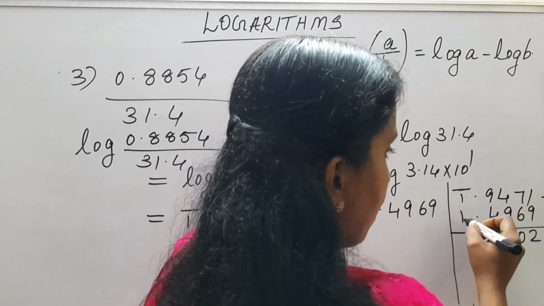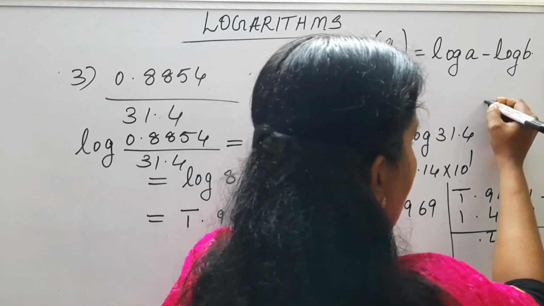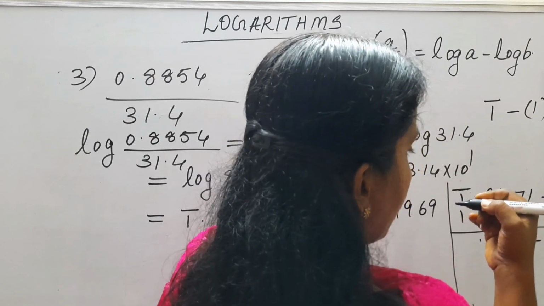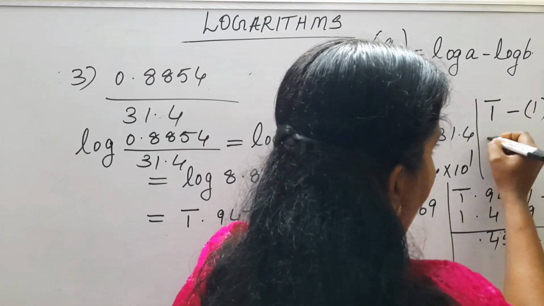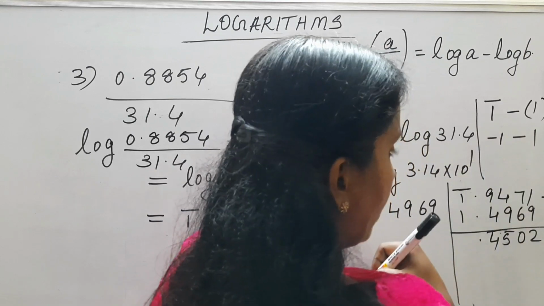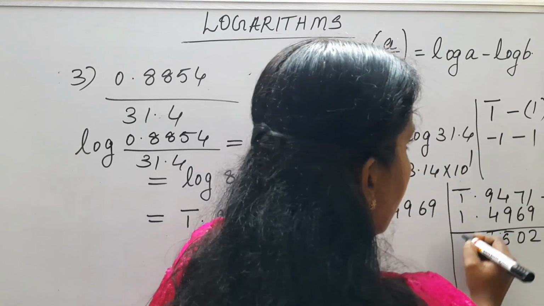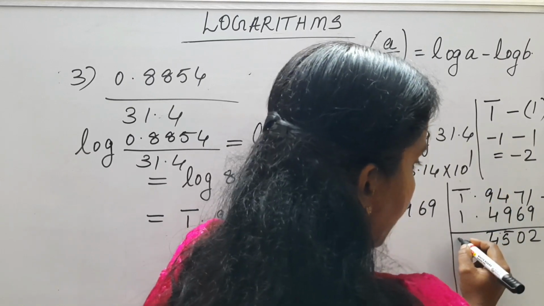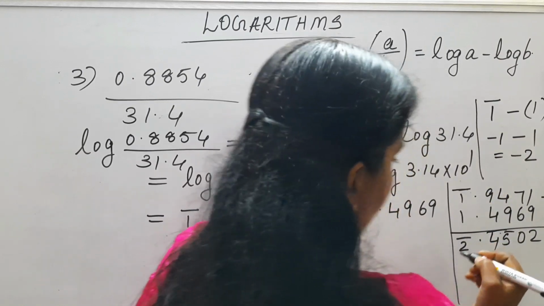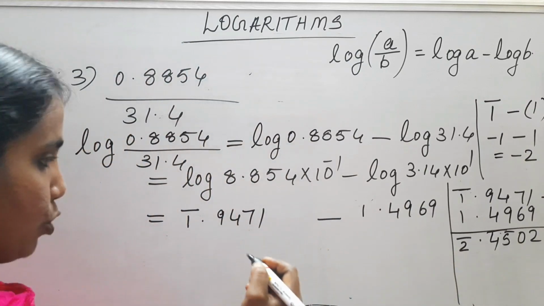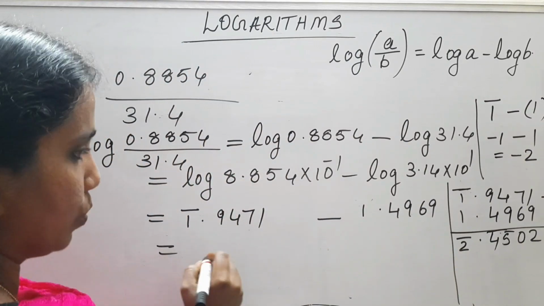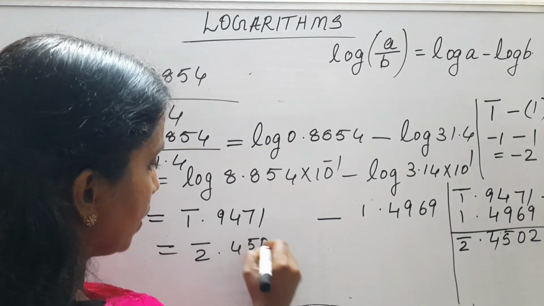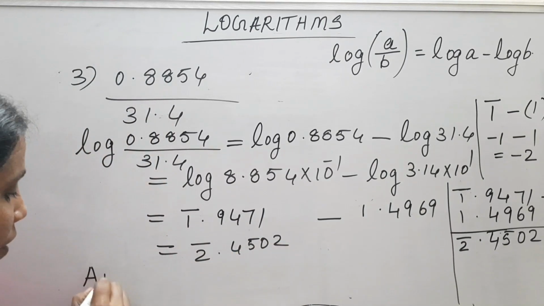Bar 1 minus 1. It is similar to minus 1 minus 1. What is minus 1 minus 1? Minus 1 minus 1 is minus 2. So what will the value be here? It will be bar 2. So we have bar 2.4502.